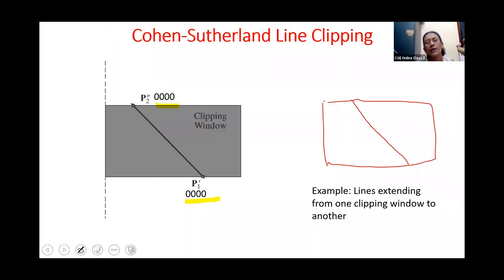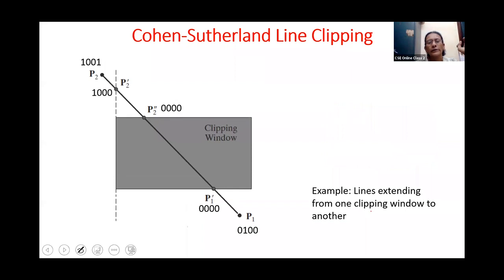We'll see another example. What we did was: P1 and P2 were our original points. We found the outcodes, and since both are not all zeros, part of the line is inside and part is outside, so we have to do some calculations. We went in the order left, right, bottom, and top boundary.